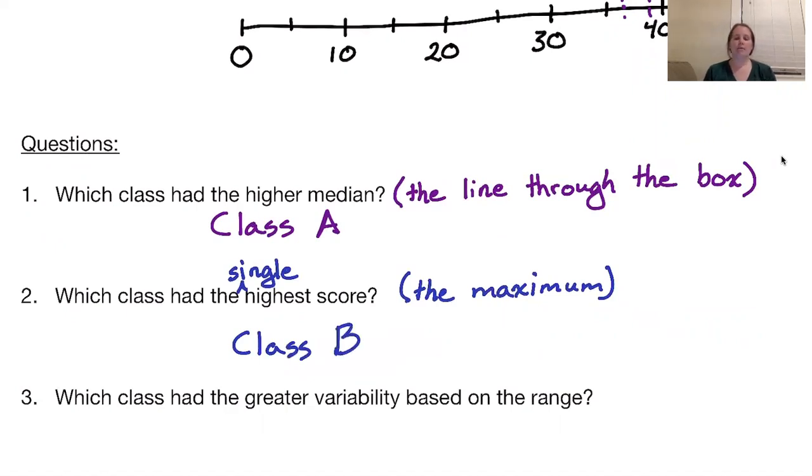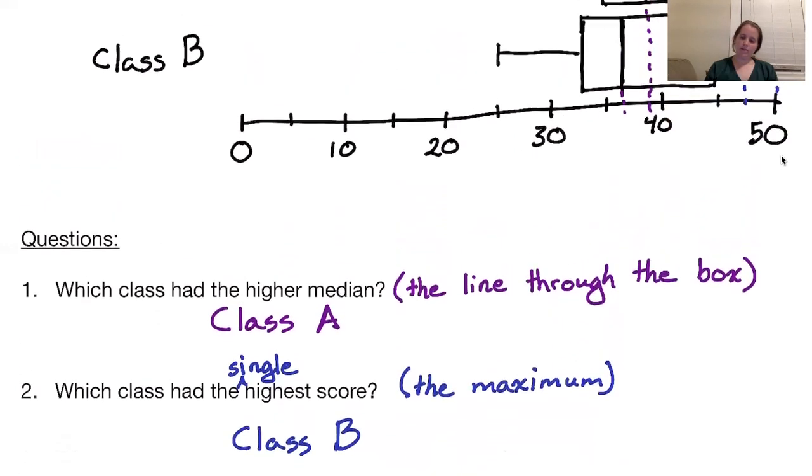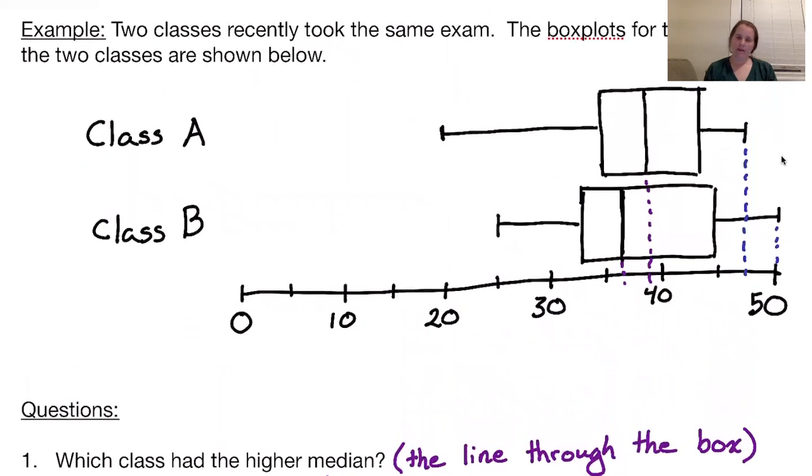Next up, which class had the greater variability based on the range? So the range is the overall width of your plot from min to max, right? So we're looking at the overall width, from min to max. Scrolling back up, it looks like class A goes from 20 to about 47.